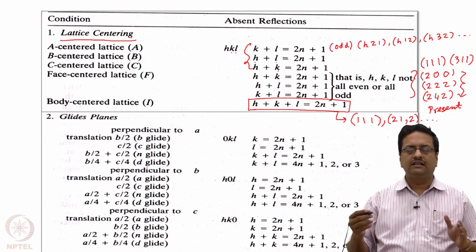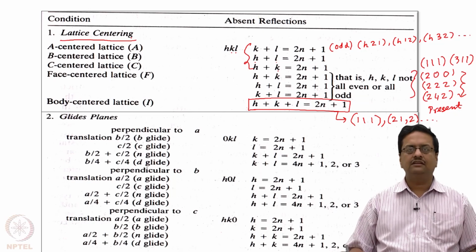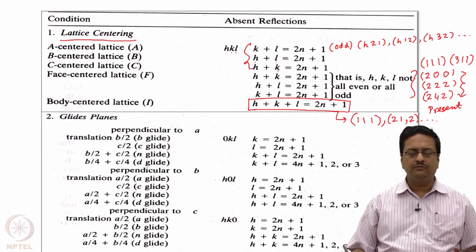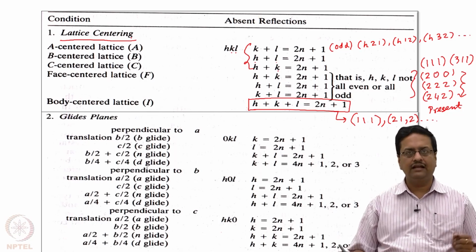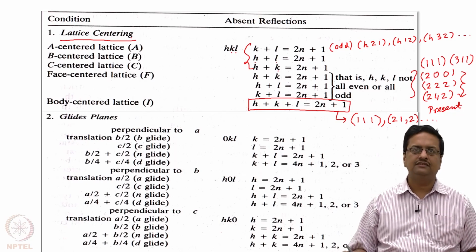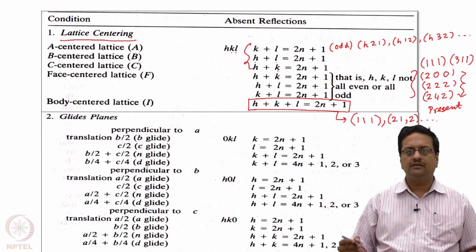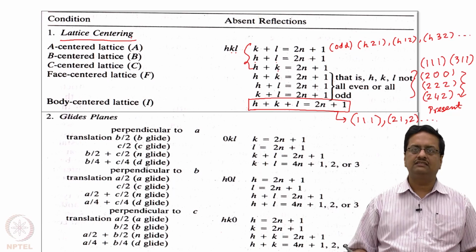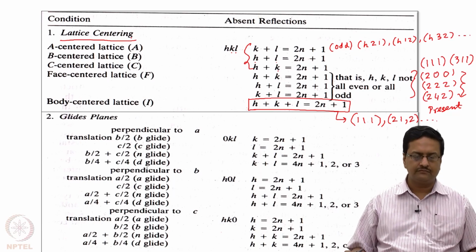The translational symmetry elements other than the unit translation, for example the lattice centering, glide planes and screw axes, result in systematic absence conditions for a particular set of HKL reflections.